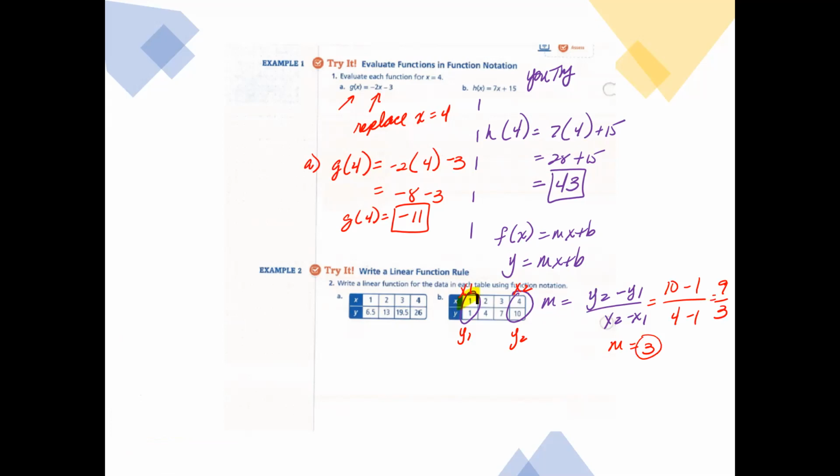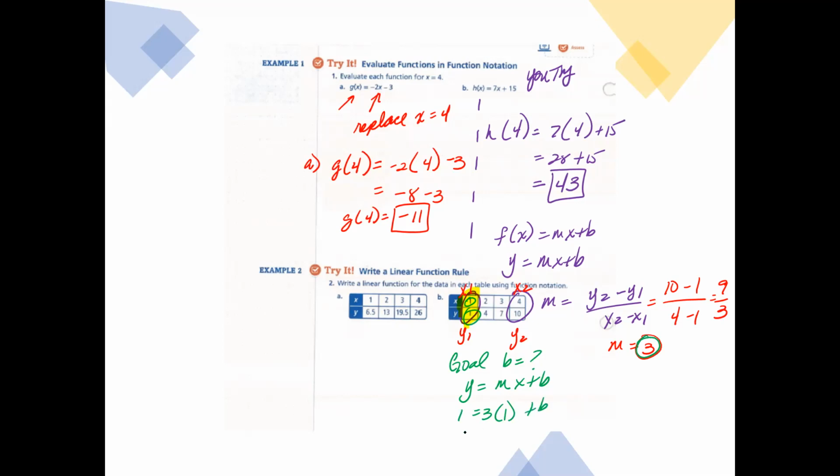Next, I'm going to pick a point. I'm just going to use (1, 1) because that's the smallest point, and I'm going to use that to find b. So my equation is y is equal to mx plus b. My y is going to be 1, my m is 3, my x is 1. I actually circled the wrong part of that, but it's both 1, 1, so it's fine.